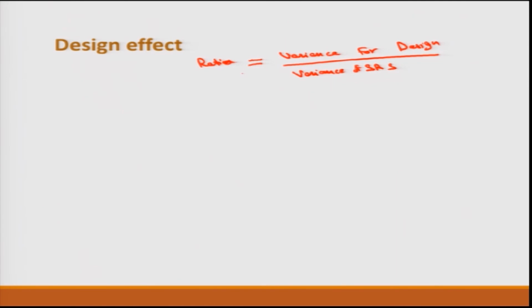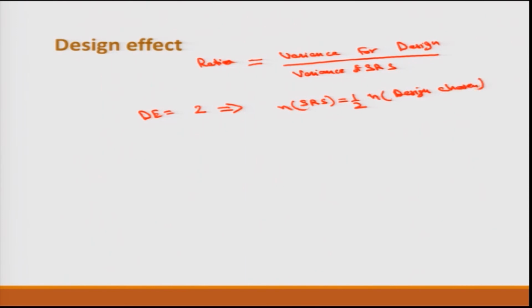So, a design effect of 2 implies the variance is 2 times what it would be if the simple random sampling method was used. I can put here, design effect equal to 2 implies the n for simple random sampling would be half of the n for the design chosen.